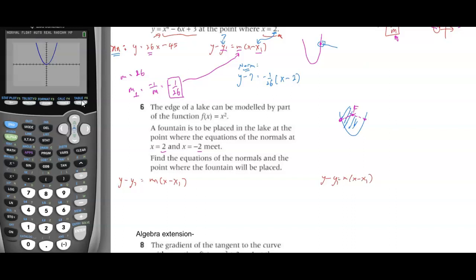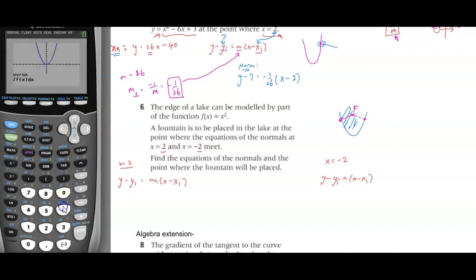The difference between the two procedures, in one, my location is x equals 2, and in the other, my location is x equals negative 2. Okay, so let's do the one where x equals 2 first. Remember, we're finding the normal line, so we need to do it manually. First thing we're going to do, we're going to put the function in the calculator. I already did that. I want to know what the derivative is at x equals 2.